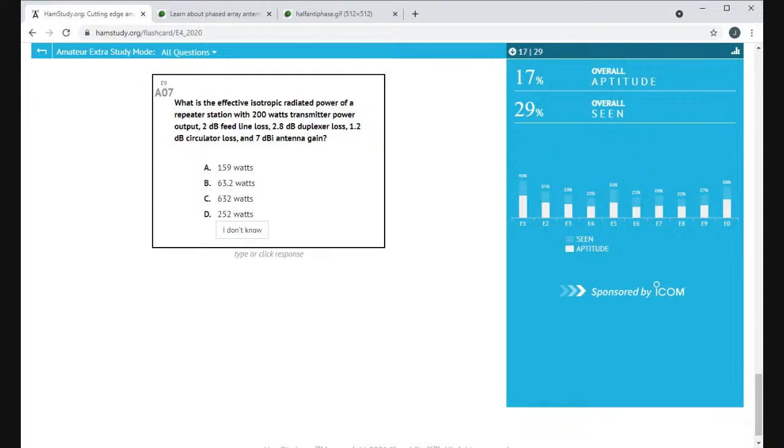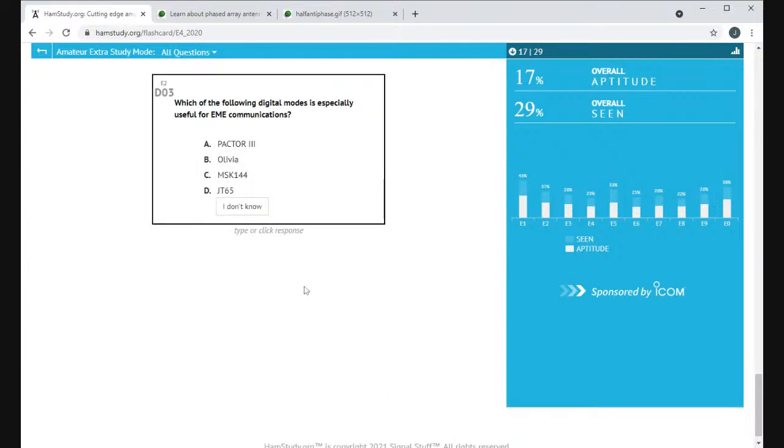So we have total of losses is 3, 4, 5, 6, and we have a 7 dBi gain antenna. So I'm going to say just a bit over, a little bit more than the 200 watts. So I'm going to guess D, 252, and that is correct.